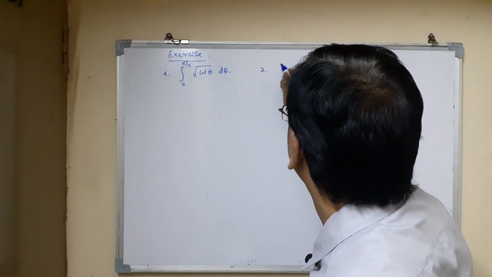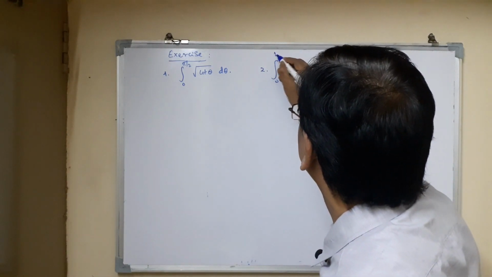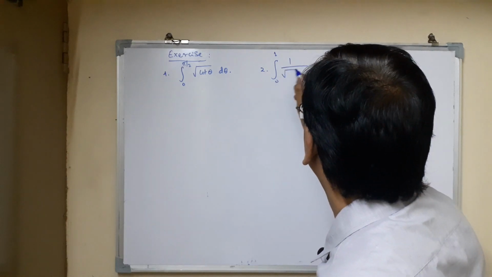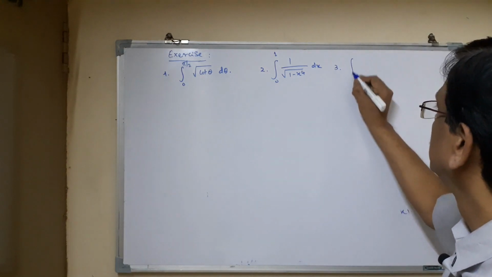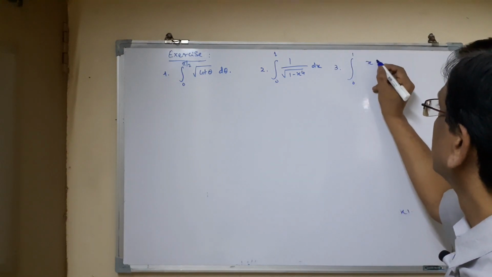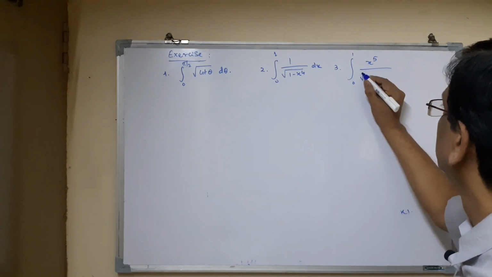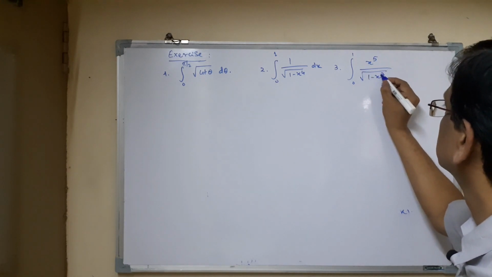2. Integral 0 to 1 of 1 by root of 1 minus x power 4 dx. 3. Integral 0 to 1 of x power 5 by root of 1 minus x cube dx.